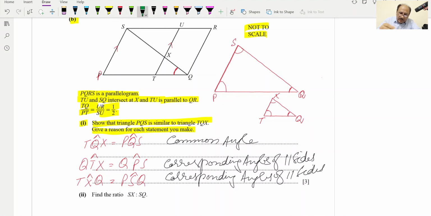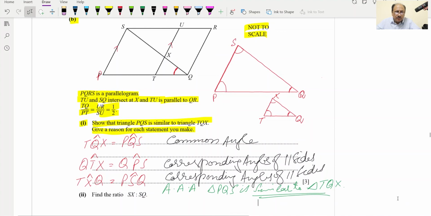So by angle postulate, triangle PQS is similar to triangle TQX. Yes. So this is done, which we were supposed to prove.